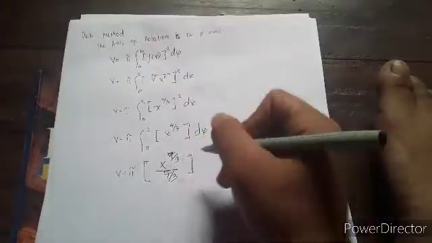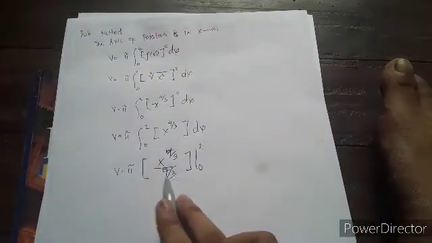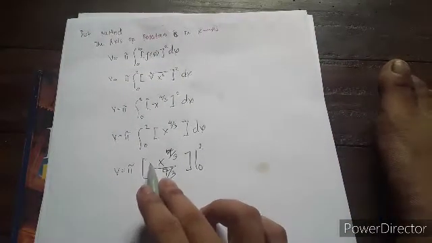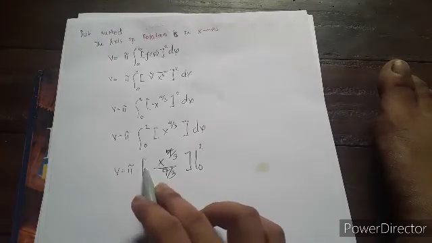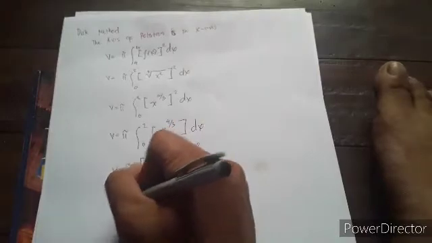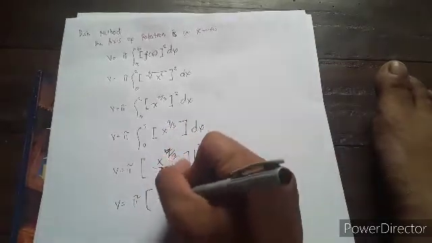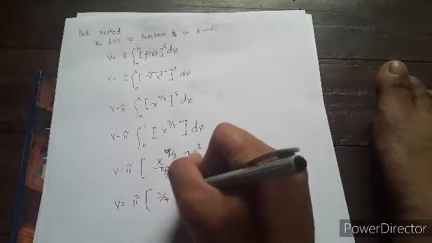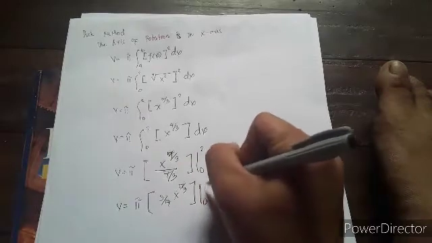So evaluated 0 to 2, and let's simplify this one, 7 over 3 into 3 over 7, and let's replace this one into this place. So this would become V equals pi times the function 3 over 7 x to the 7 over 3, evaluated 0 to 2.